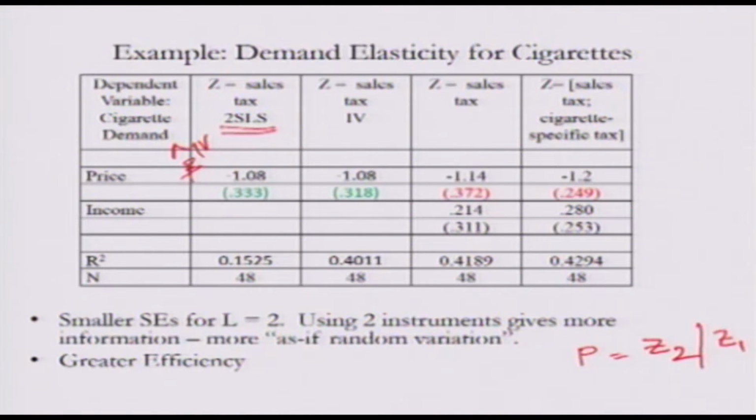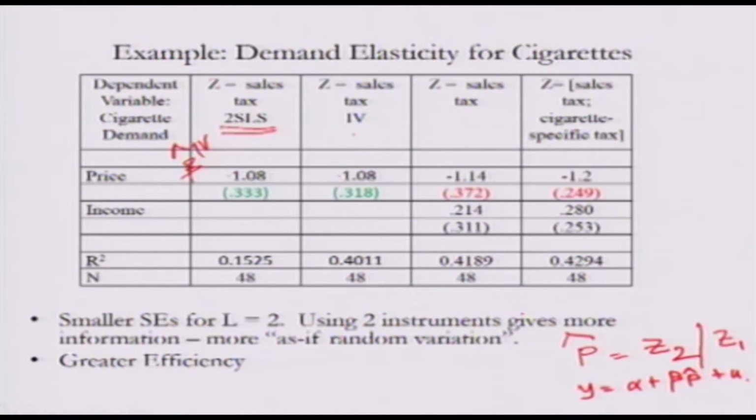So, you predict P hat and then use it in the second stage to estimate beta hat. And what you have is a coefficient estimate of -1, because of course you expect prices and quantity demanded to be negatively correlated, and a standard error of 0.33.